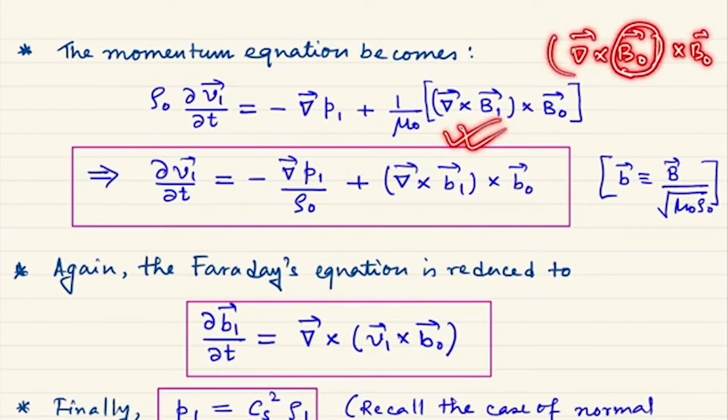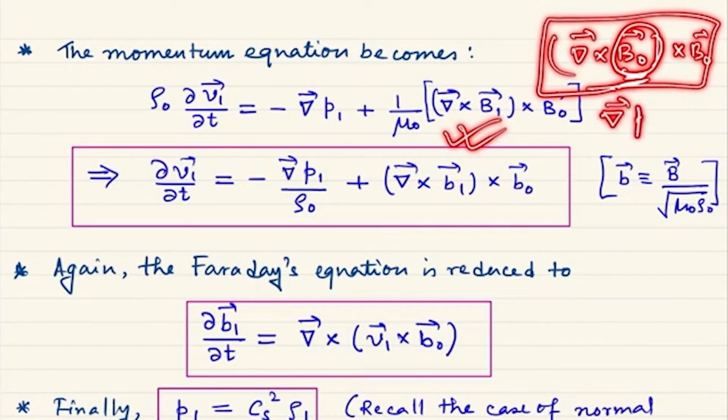If you choose B0 to be constant, then this is 0, but if you don't choose it to be constant, you don't need to consider it to be constant in space, and it will then simply be cancelled by gradient of P0.